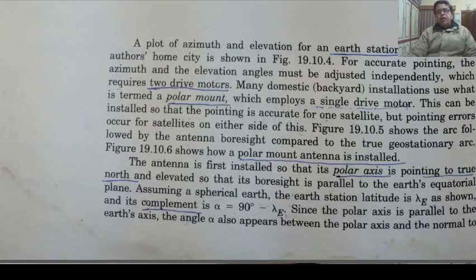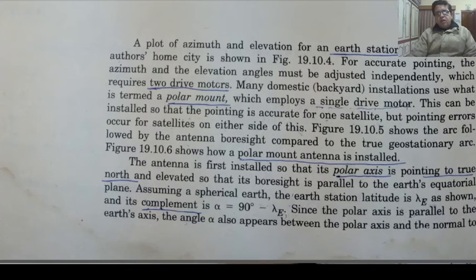For accurate pointing, the azimuth and the elevation angles must be adjusted independently, which requires two drive motors. Many domestic backyard installations use what is termed a polar mount, which employs a single drive motor.